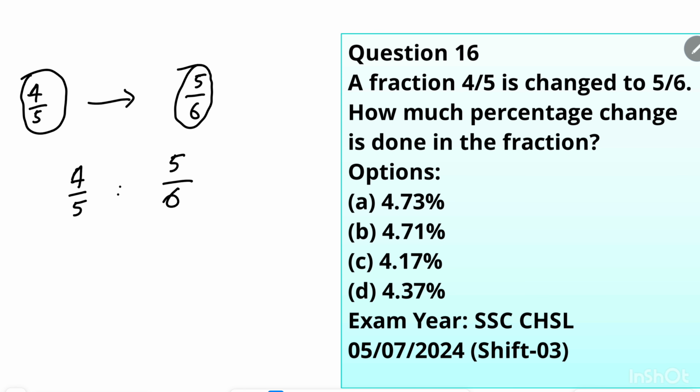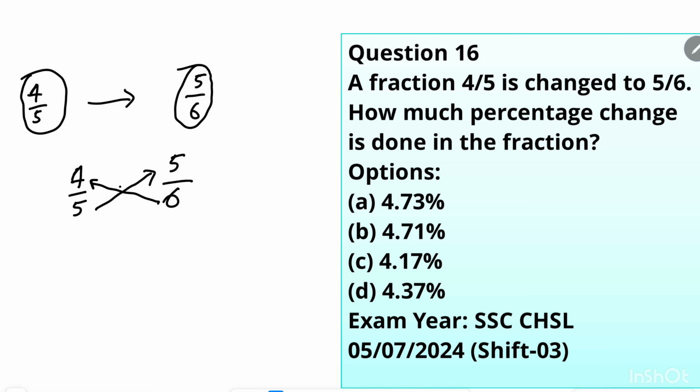We have learned in the previous video that any number which is written in the form of a fraction, we can convert it into a real number. This is also a real number, but we can change it to a normal number. For example, in this question we will do cross multiplication.